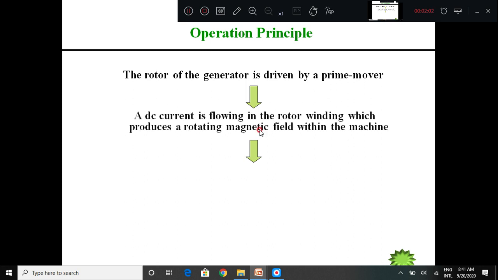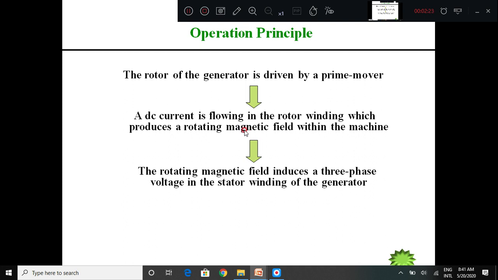Then a DC current flows in the rotor winding, that is the field winding, producing the magnetic flux. In turn, the rotor is rotating by a mechanical input, and a rotating magnetic field is produced. The rotating magnetic field induces a three-phase voltage in the three-phase stator winding of the generator.